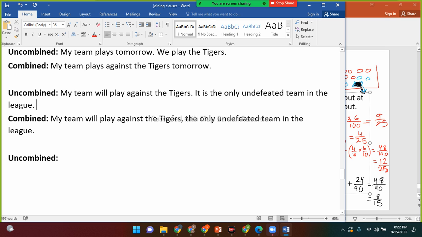But we could put them together because remember, what we did is we changed one of them into a phrase. So when we have the undefeated team in the league, if I did say it is the only undefeated team in the league, that wouldn't have been right, because I don't need to say it is the only undefeated, since we already know what we're talking about.